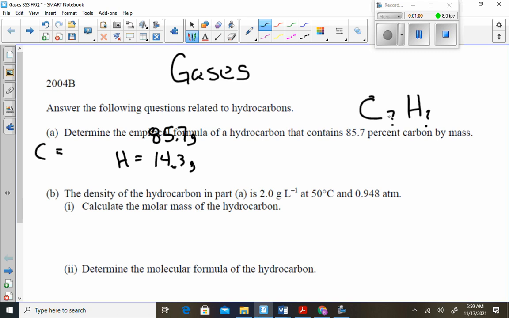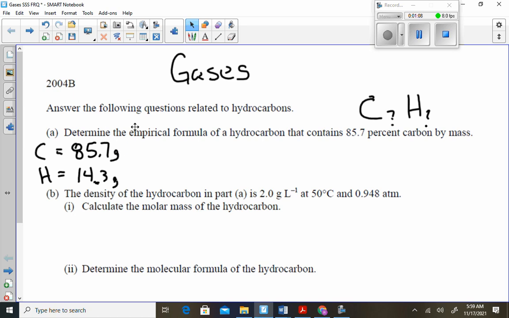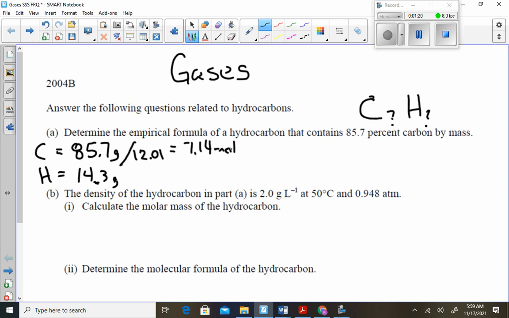If you want the mole ratio, find the moles. If we do that, we have 7.14 moles of carbon when we divide by the molar mass.